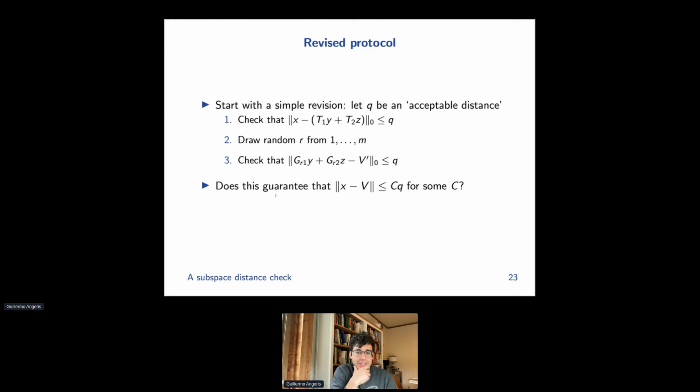The next question is, of course, does this guarantee that X itself was close to V? Close here we're going to define as some constant times Q. So we've said Q is an acceptable distance for X to be from the vector space, or a constant times Q.